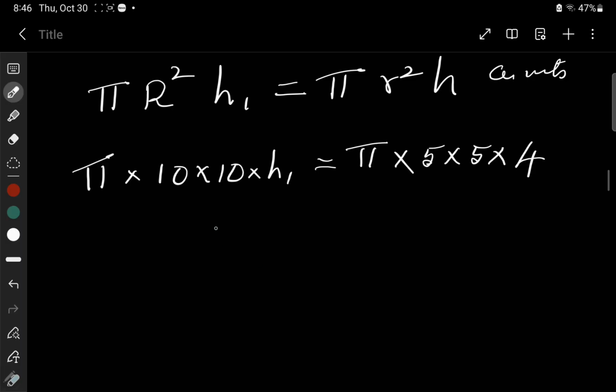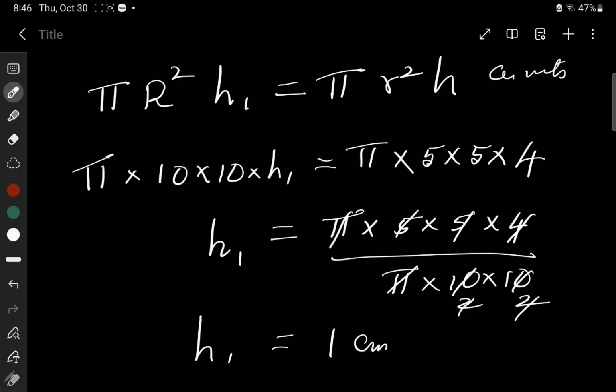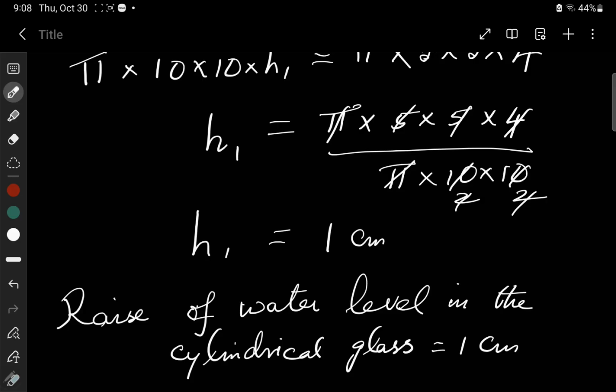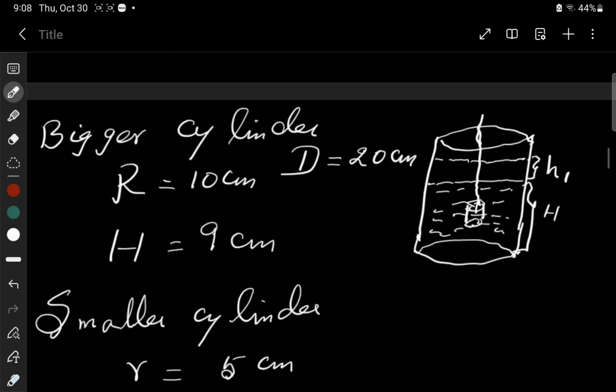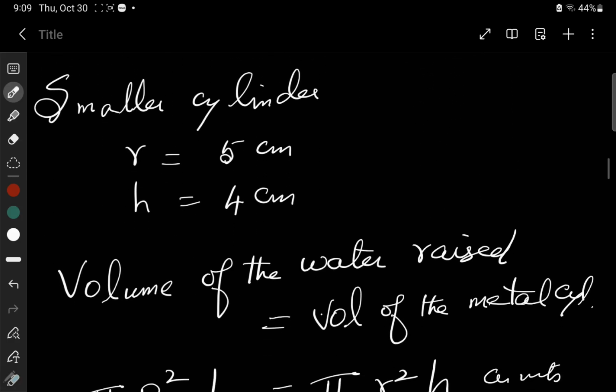So h1 I have to find. h1 is pi into 5 into 5 into 4 divided by pi into 10 into 10. 5 here goes 2 times, 2 times pi. Both the 2's cancel. So h1 is 1 centimeter. So the rise of water level in the cylindrical glass is 1 centimeter. That is, the rise of water level H1 is 1 centimeter. Thank you.